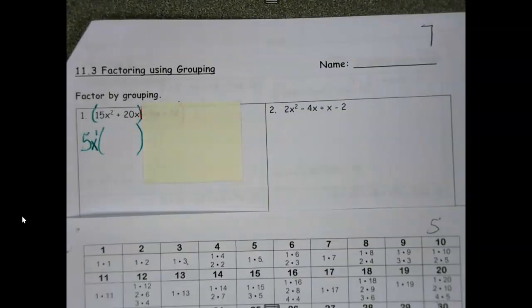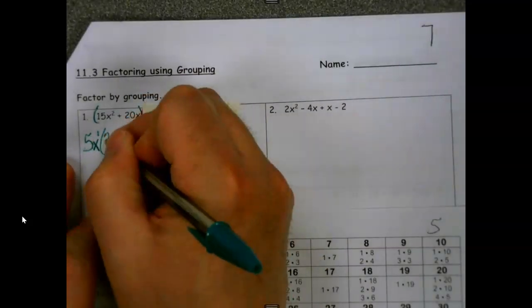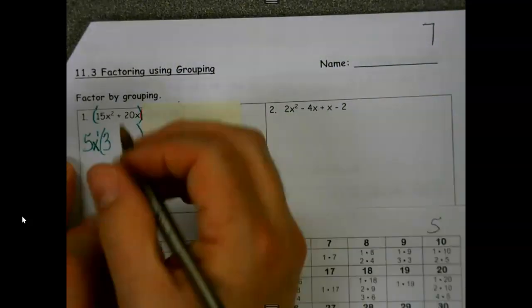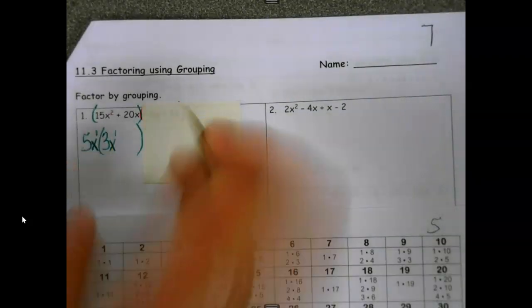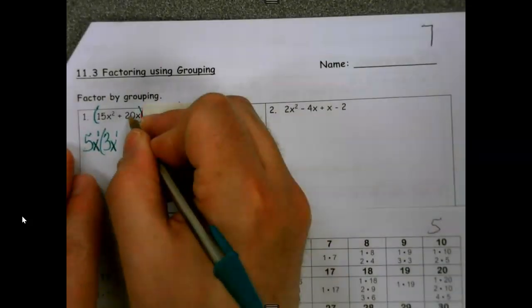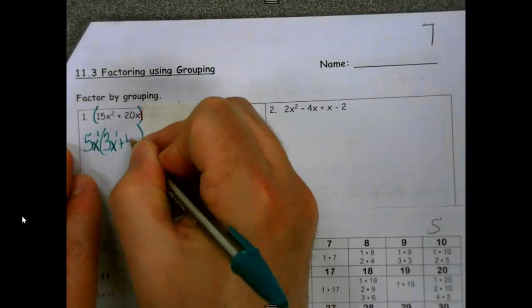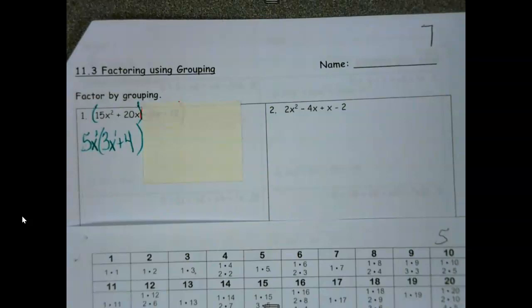And now the division game begins. 15 divided by 5. 2 minus 1. 20 divided by 5. 1 minus 1 is 0, so no x on the second term, just the 4.